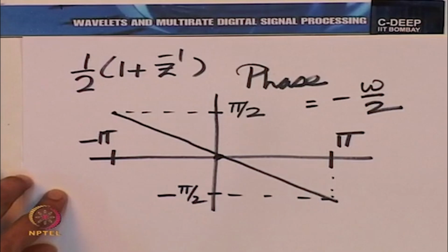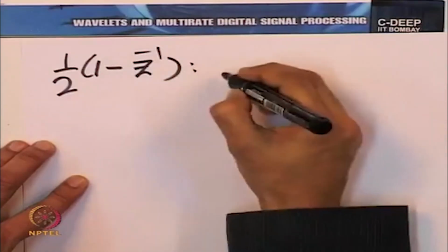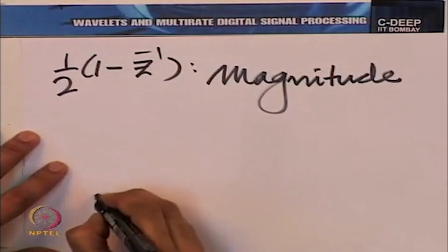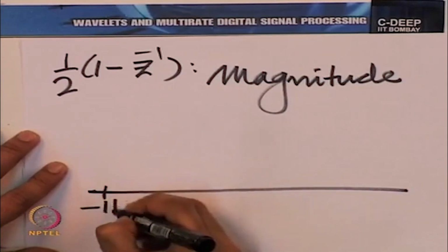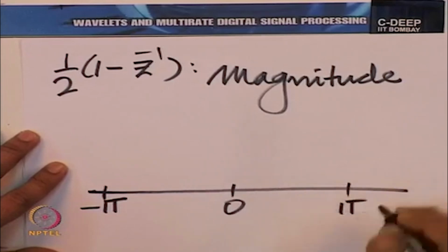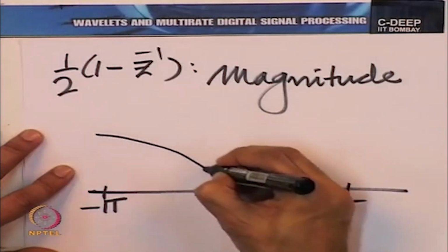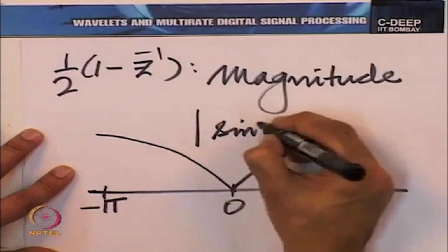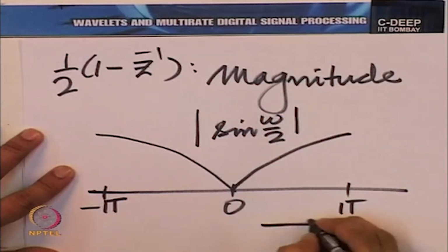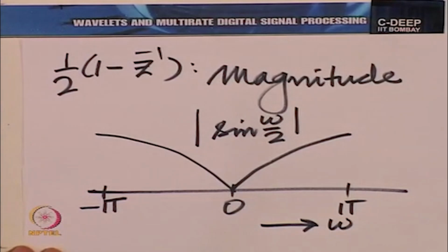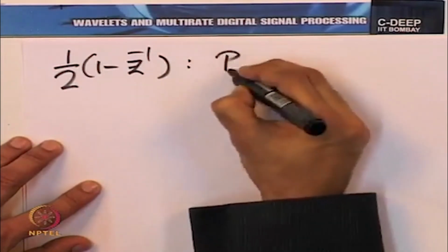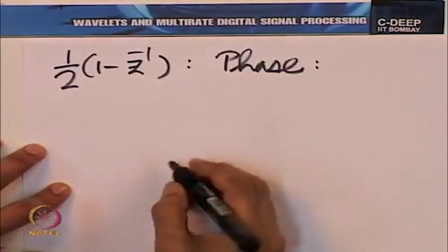For the second filter, the overall magnitude response looks like this. Essentially mod sine omega by 2. And the phase response looks like this.